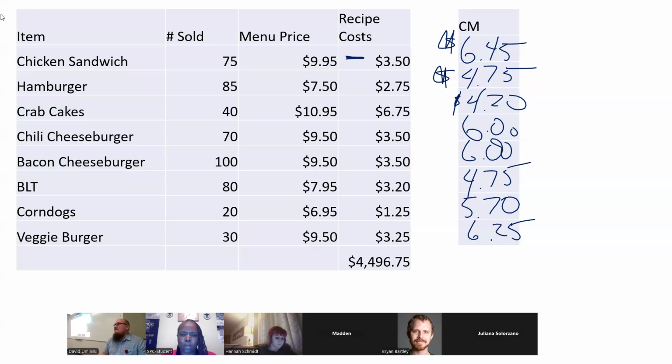So how do we find the average of any group of numbers? Add them all up and then divide by the number we have. Go ahead and add up all of these numbers, and then we're going to divide by 8. Add those all up, divide by 8, and tell me what you get.